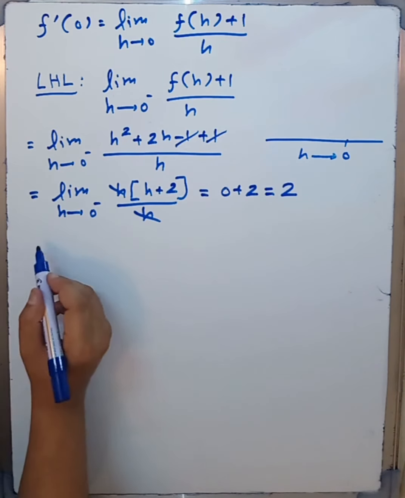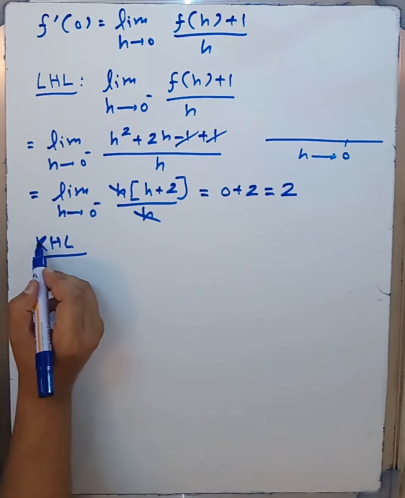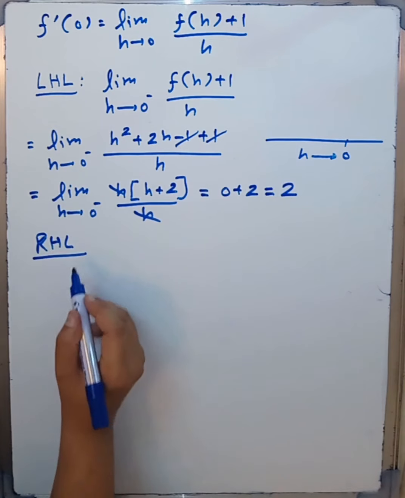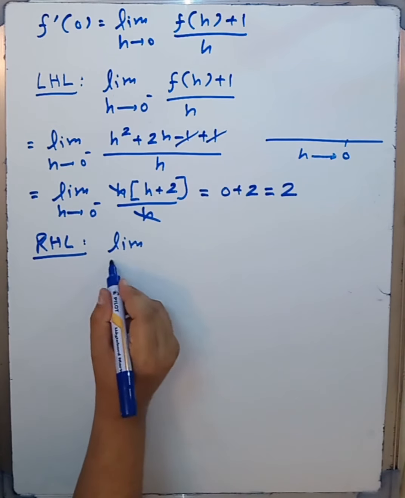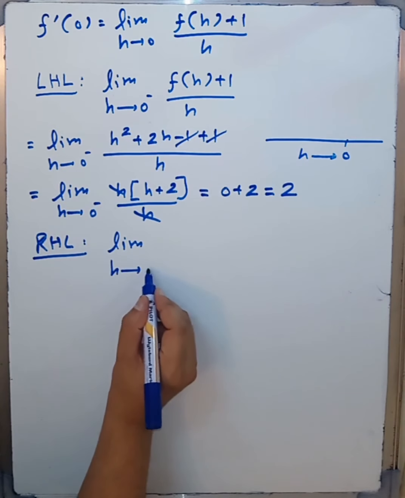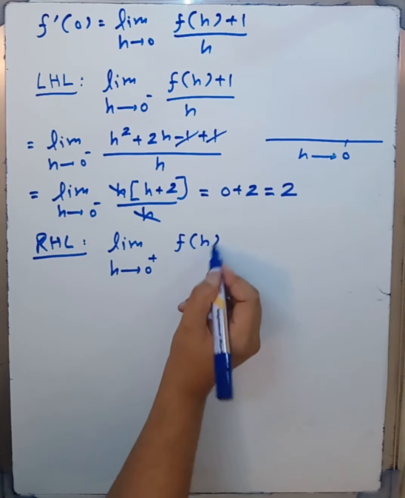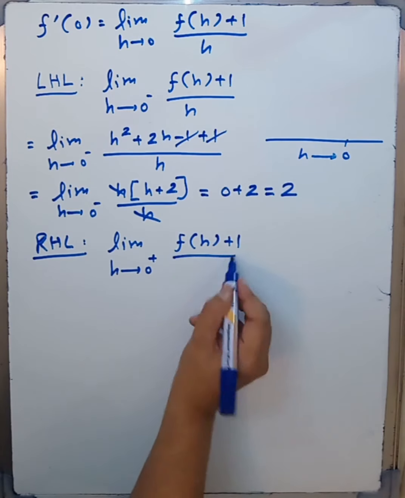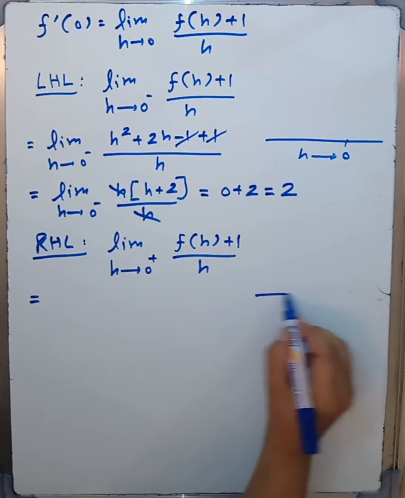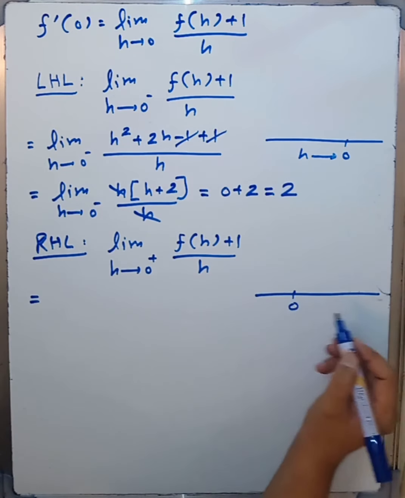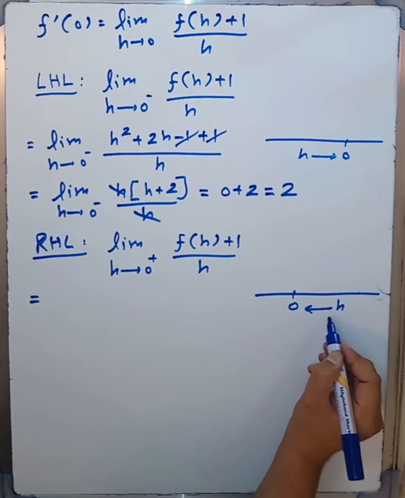Now let us see the right hand limit. This will be limit h tending to 0 from the right, f(h) plus 1 divided by h. To visualize, I will draw. This is 0 and h is tending towards 0 from the right side.